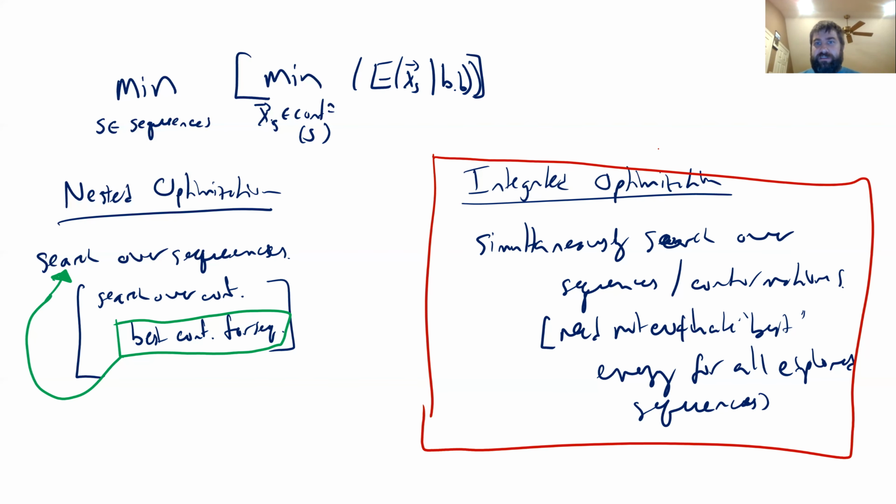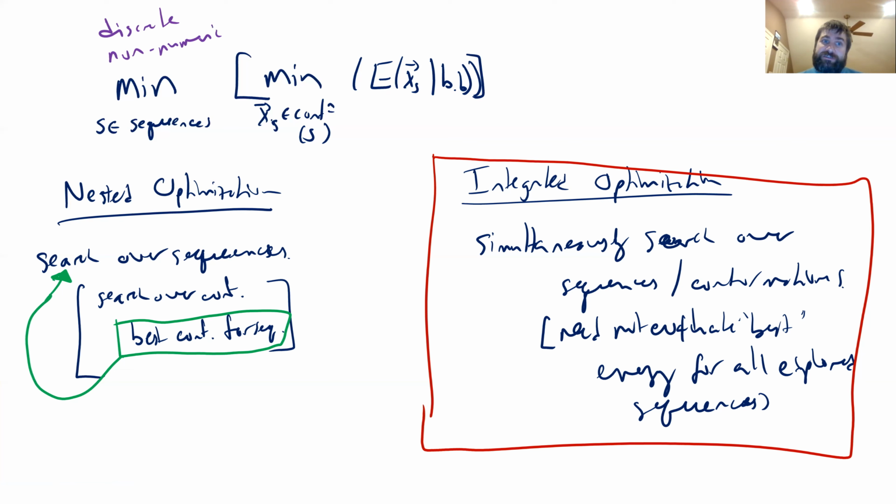Now, once again, the big challenge in this problem, one of the things that we absolutely need to take into consideration and is going to affect the choices that we are able to make, is that these two optimizations are on different types of variables. The outer is a search over sequences.